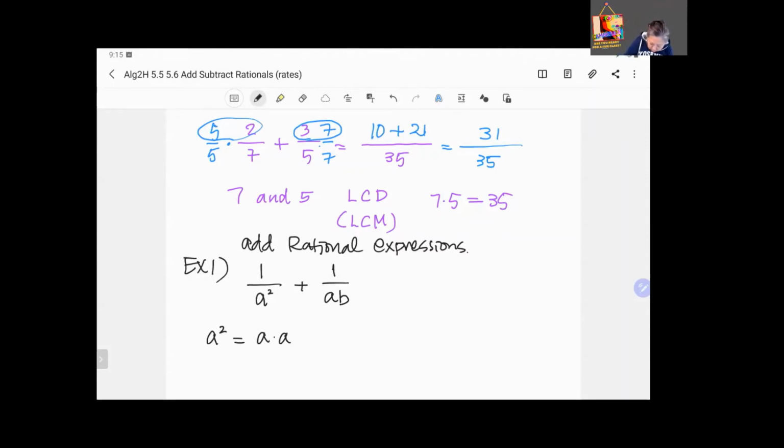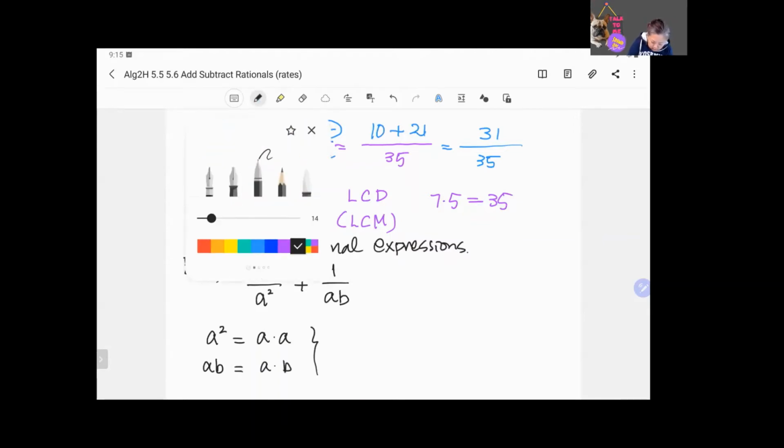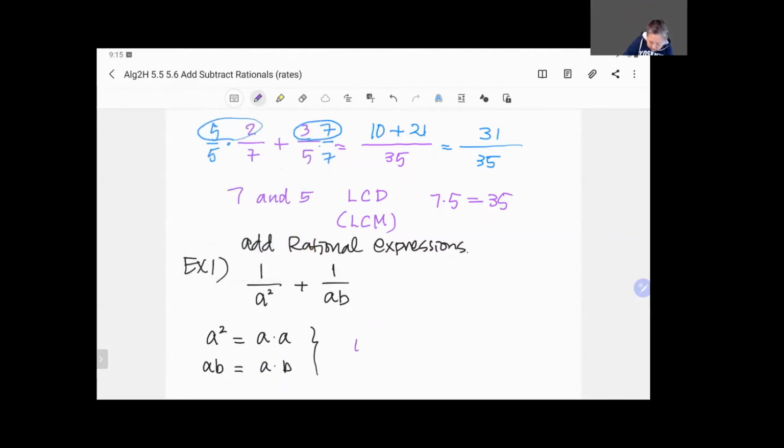Then between these, for the least common multiple or least common denominator, first I need to have both kinds of variables, so now I have a and b.